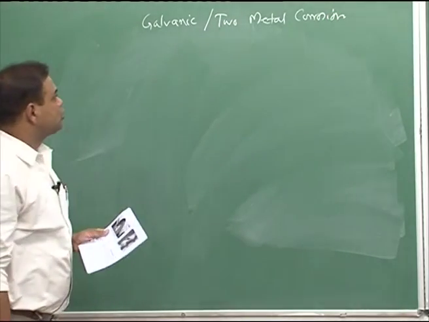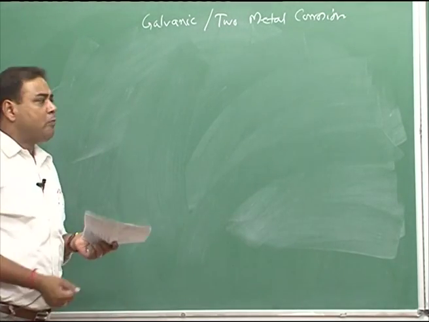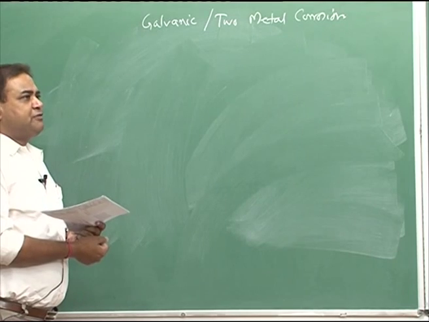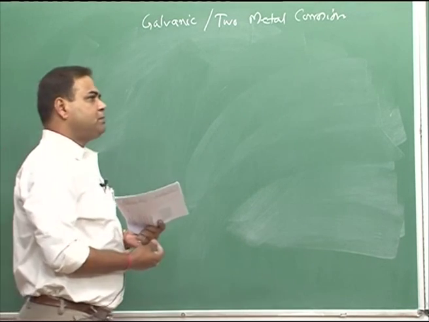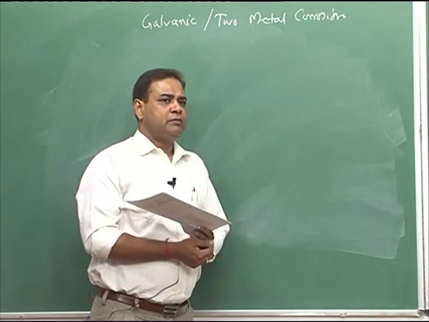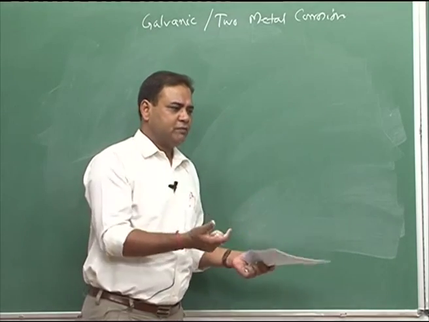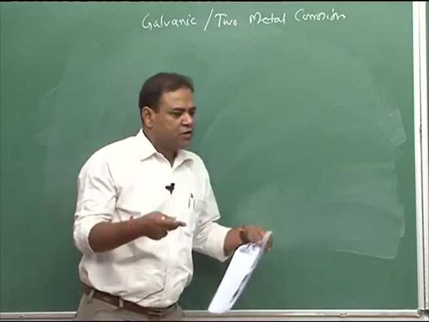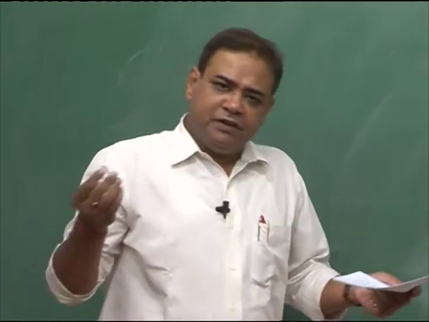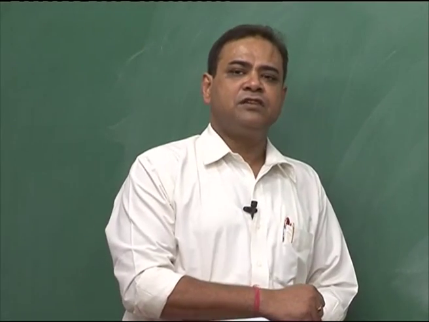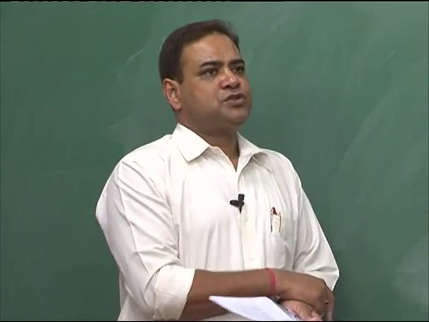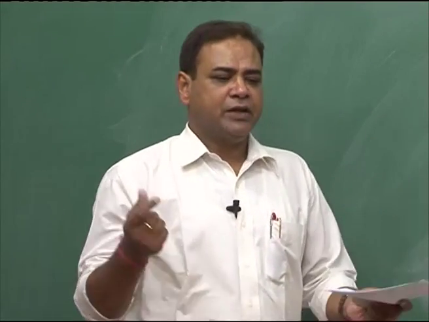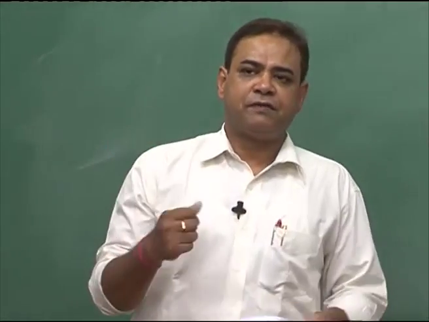Galvanic or two metal corrosion is a very common form of corrosion, since one particular metal cannot be used for structural applications. Most of the time you need to use many different metals or alloys in your structure, and you have to join all those different parts.